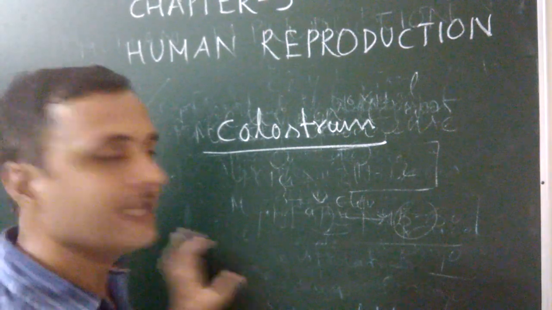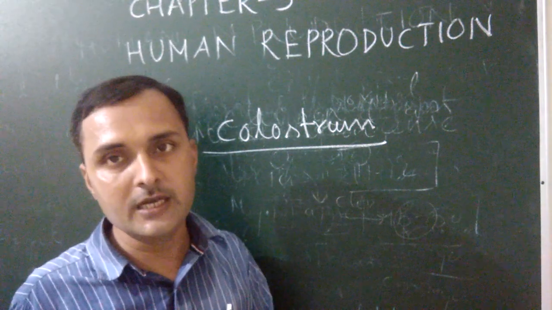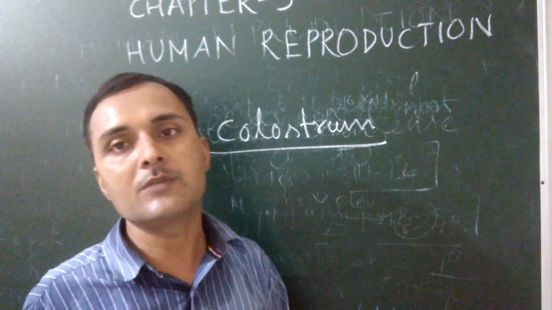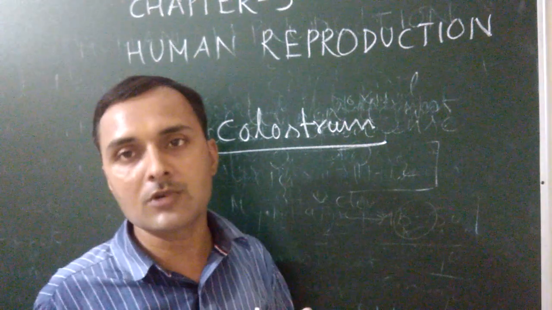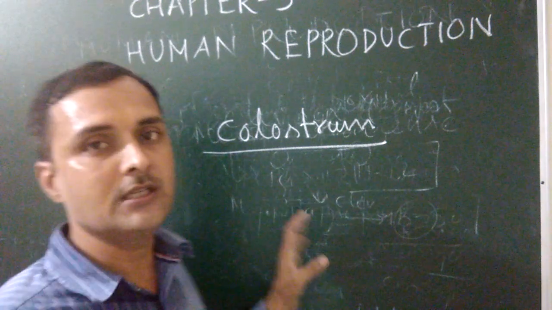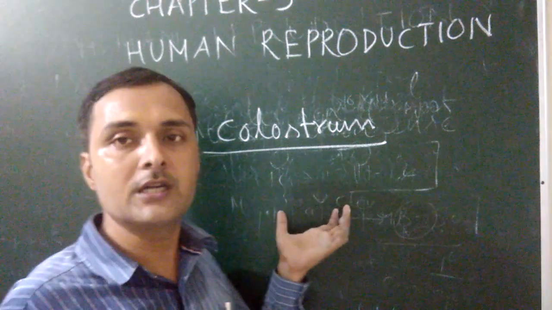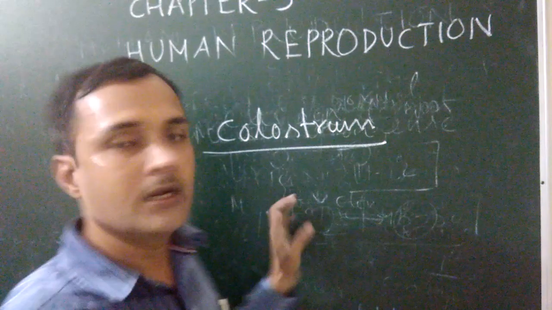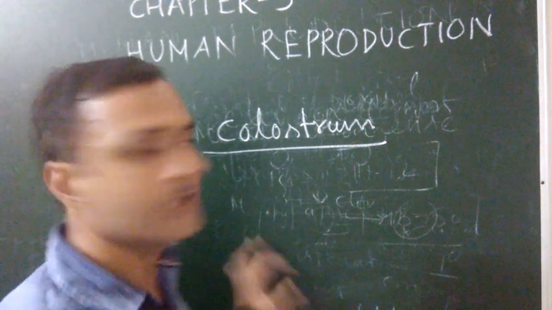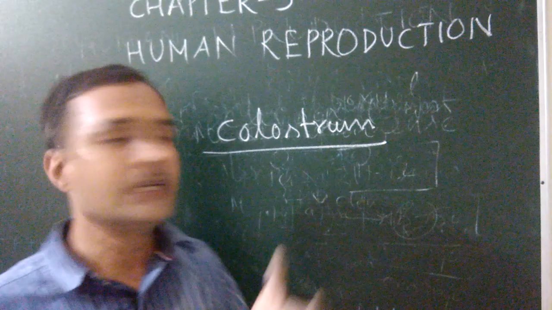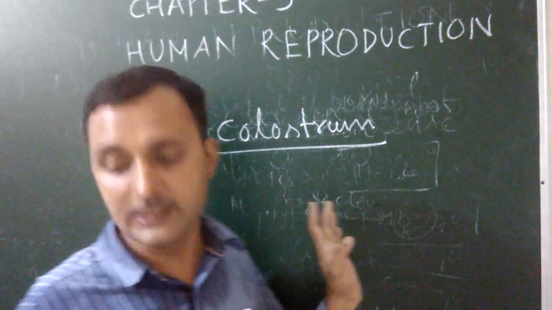The first milk ejected from the mammary gland just after childbirth from the female's body is known as colostrum. This colostrum contains lots of nutrients for the new baby that is expelled from the mother's body. Colostrum is very important for the new young one because it contains lots of nutrients.